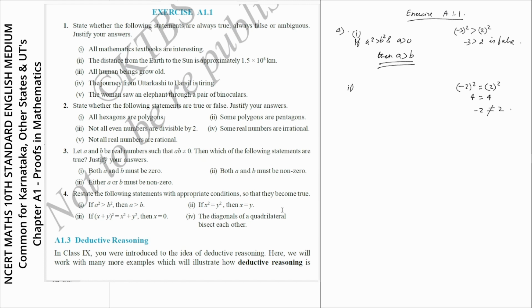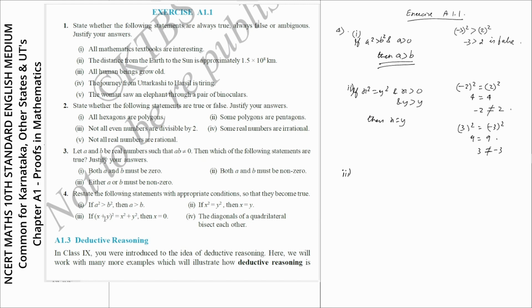Similarly, if I take x as 3 and y as minus 3, 3 the whole square is 9, and minus 3 the whole square is also 9. But is 3 equal to minus 3? No, 3 is not equal to minus 3, right? Therefore, how can I correct the given statement? If x square is equal to y square and both x is greater than 0 and y is greater than 0, then only x is equal to y.